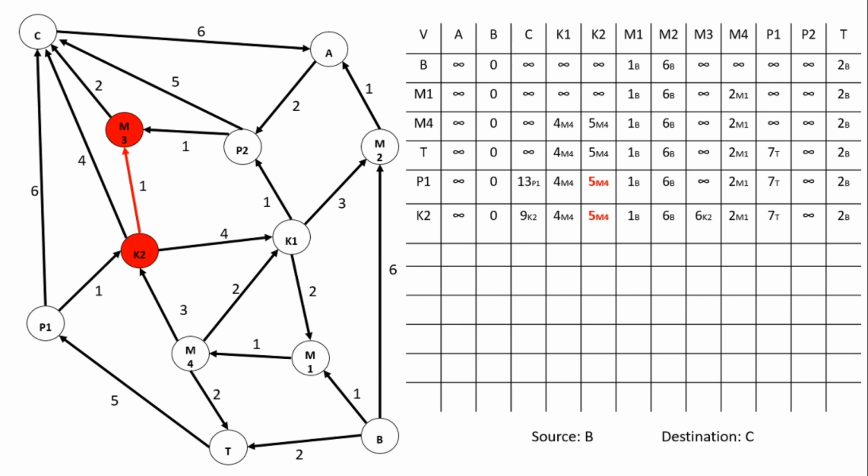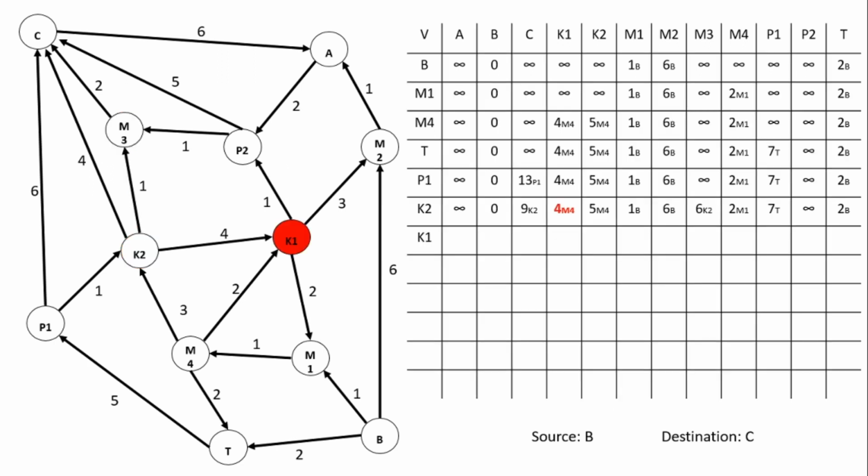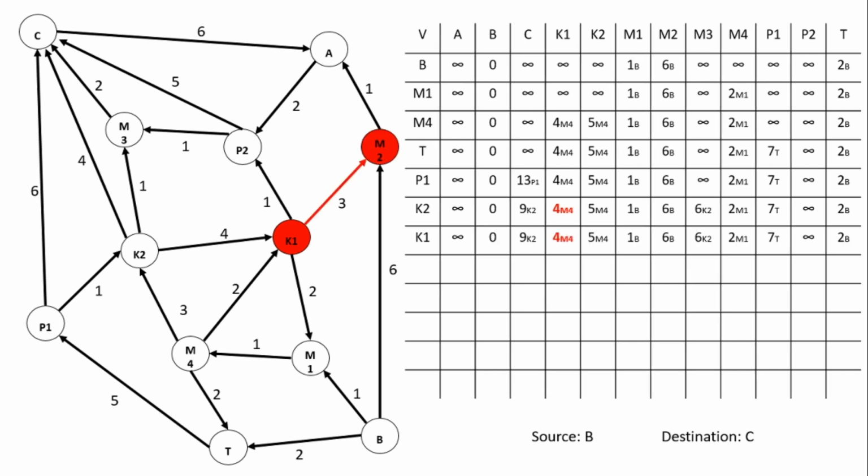Next, visit the smallest known distance coming from the previous vertex, which is, we would take K1. Visit the reachable vertex in a natural order. So let's visit M2. Add K1 to M2, then we will have the total distance of 7 coming from K1.